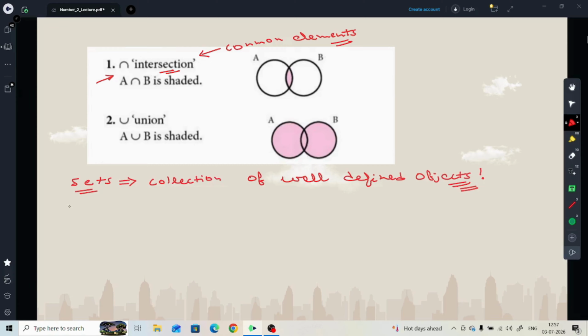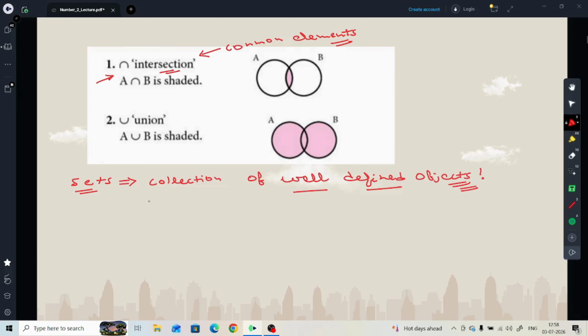What does it mean by well defined objects? We can't just say something like the weathers of India, or statements where there is some probability. No, not like that. It has to be very well defined.